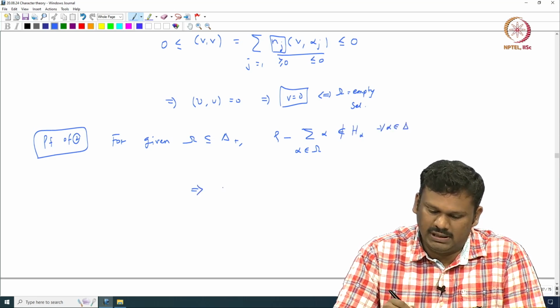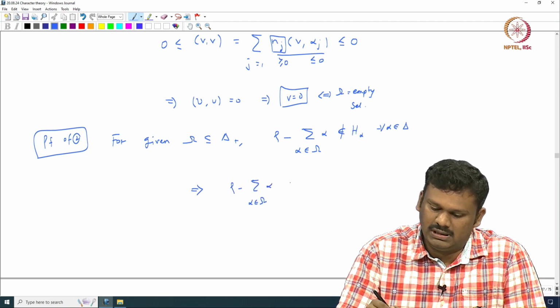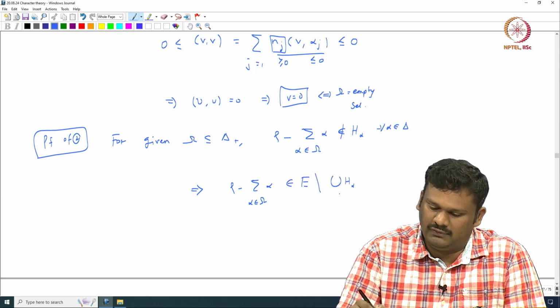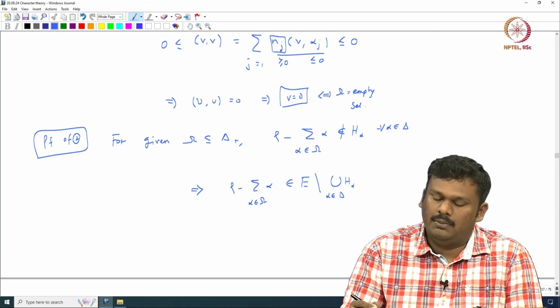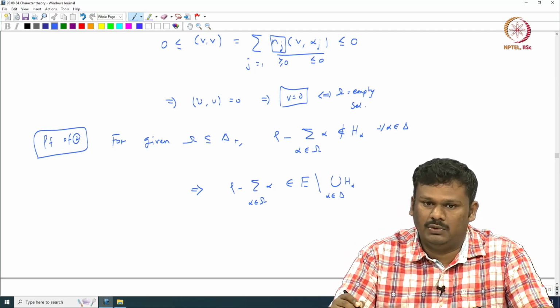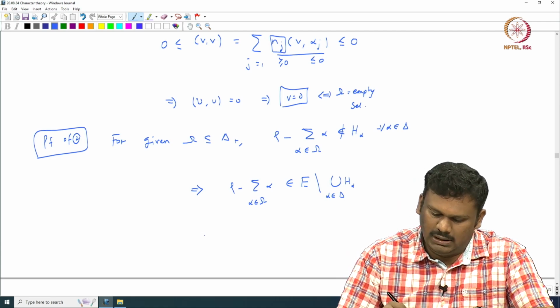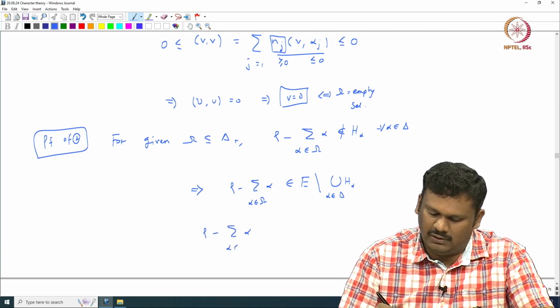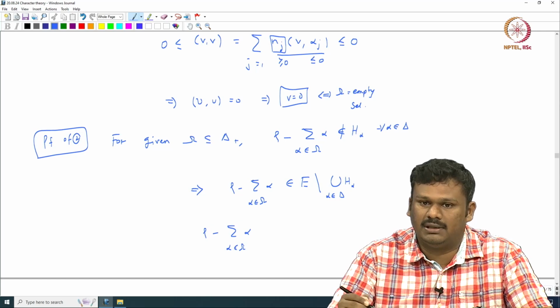Then rho minus the sum of alpha, alpha in omega, is supposed to be in the complement of the union of H alpha, alpha in delta, but this complement is written as a union of chambers. So in particular, rho minus the sum of alpha, alpha in omega, must be in one of the chambers.